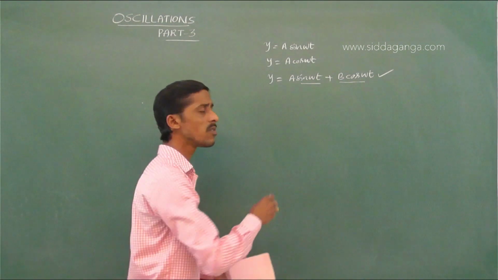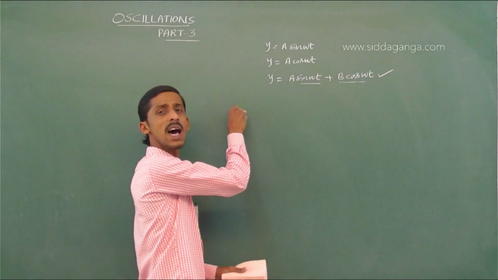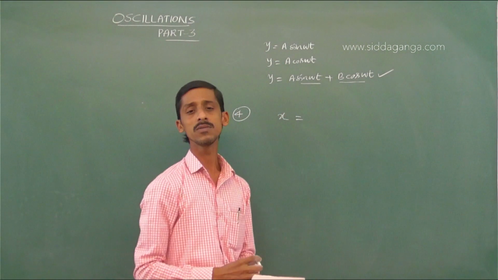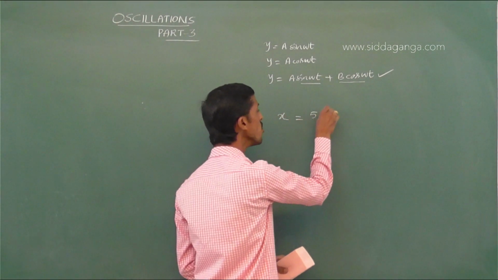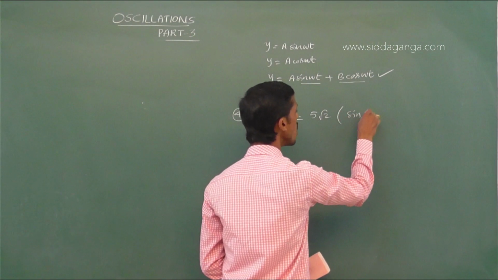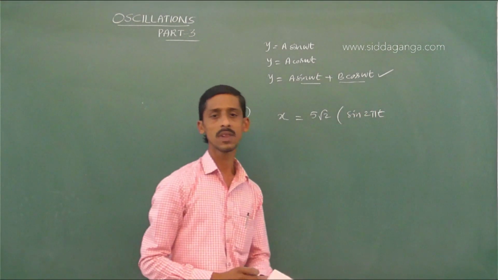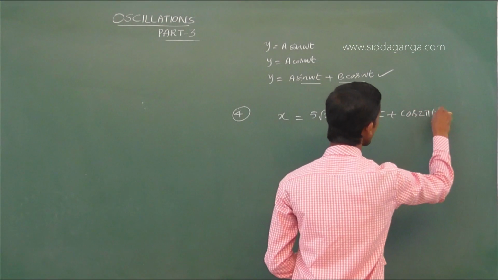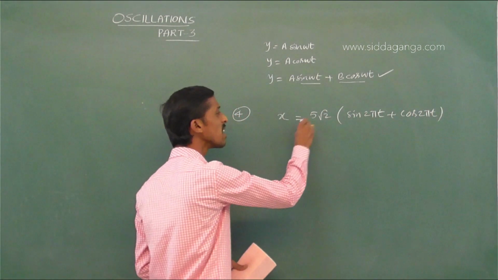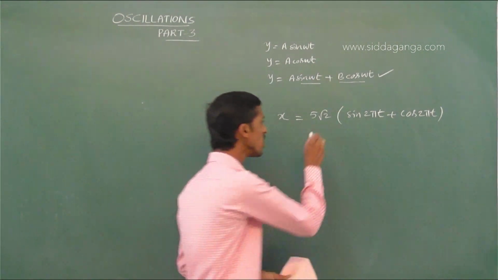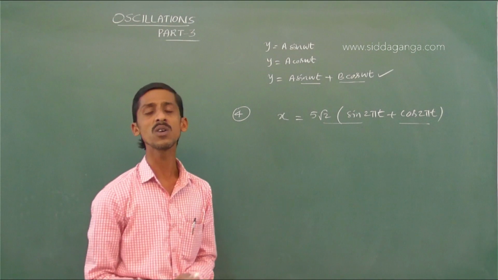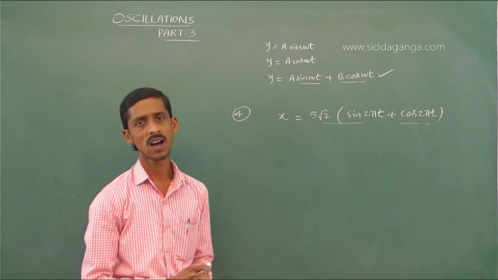In the question, simple harmonic motion is represented by x is equal to 5 root 2 (sin 2 pi t plus cos 2 pi t). So the resultant equation, a linear combination of two harmonic functions, also becomes simple harmonic oscillatory motion.